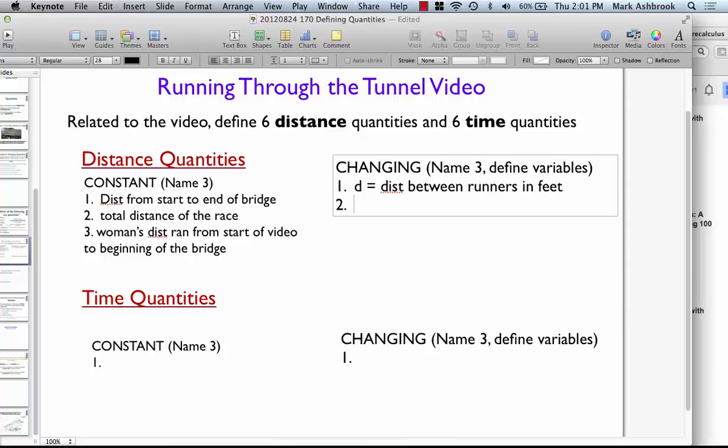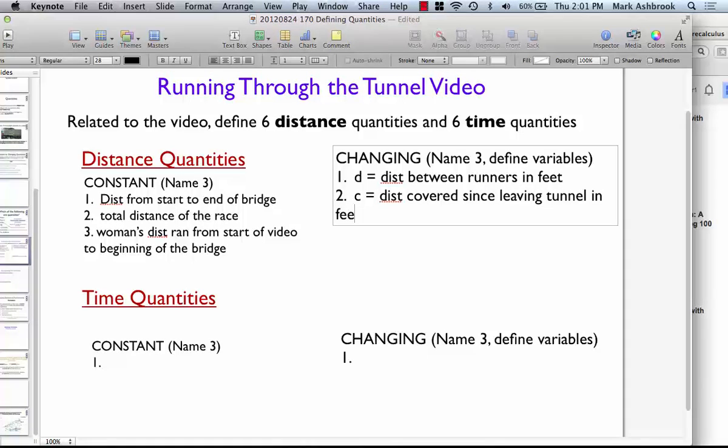Who else? Yes, sir. The time they took to finish the race. All right, we're still on distance quantities. This is where we're doing changing distance quantities. We'll do time later. Yeah. The distance covered since leaving the tunnel. Okay, and what variable do you want to call that? C. C equals distance covered since leaving the tunnel, in feet.